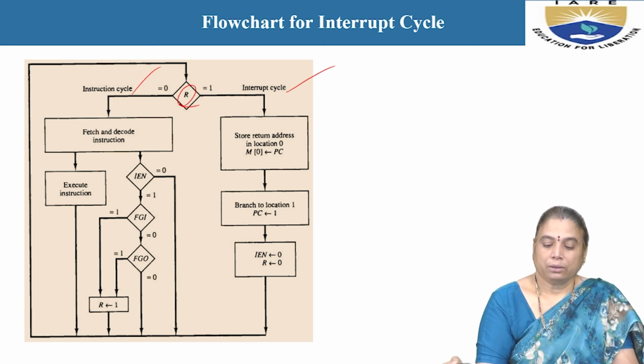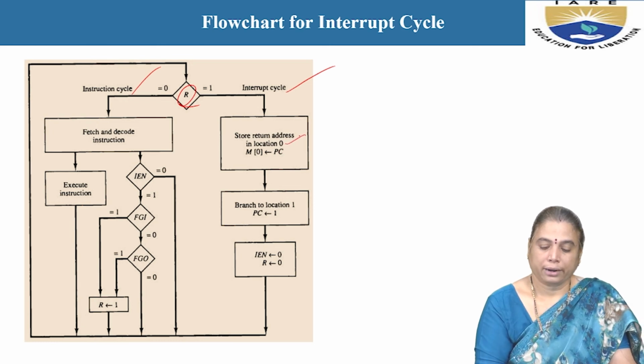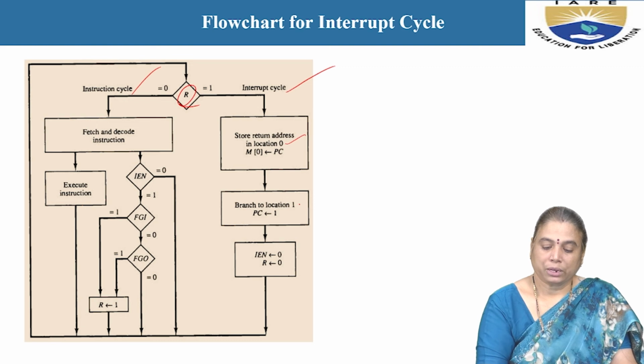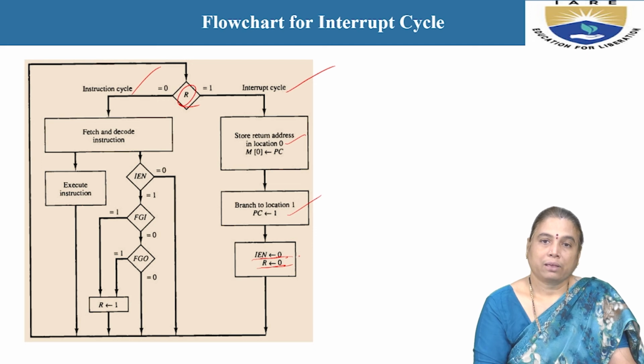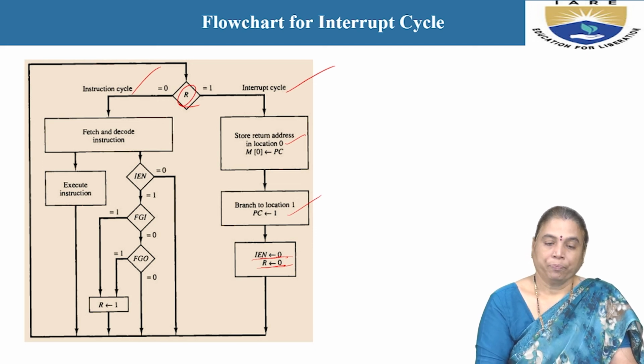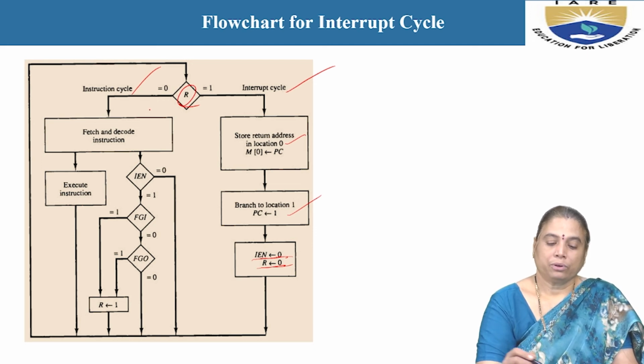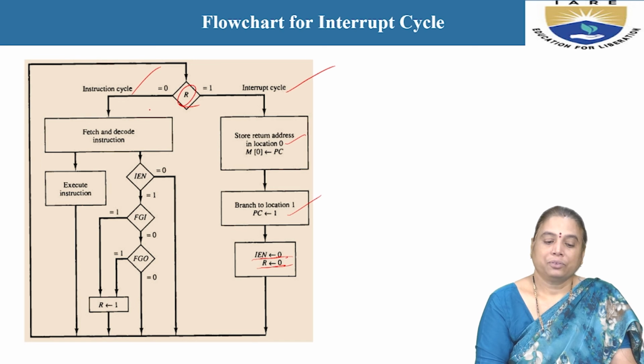Here the return address is the location. The PC value can be moved to memory address 0 and branch to the location, and the interrupt service can be executed, and the IEN interrupt enable can be made 0 and the R value is 0 after providing the service to the interrupt. If the R value is equal to 0, then the instruction cycle can get executed.